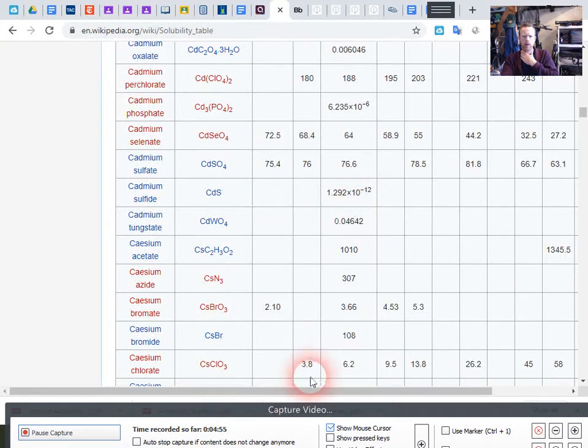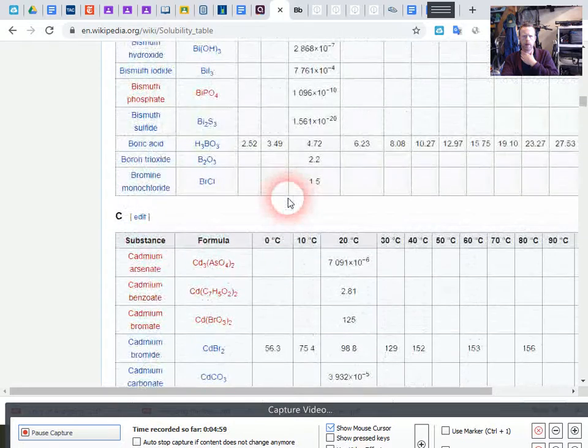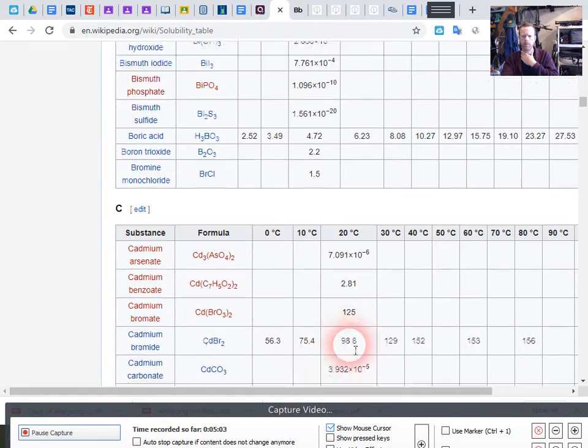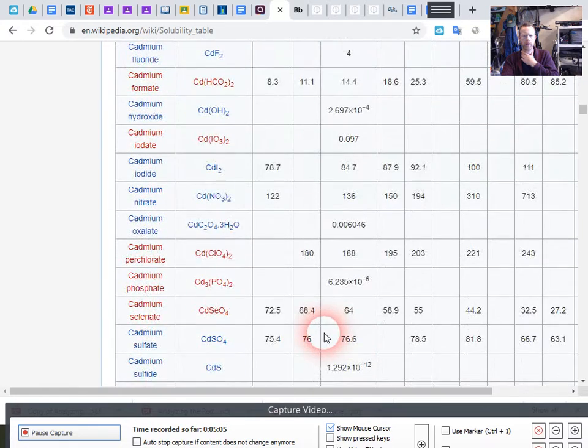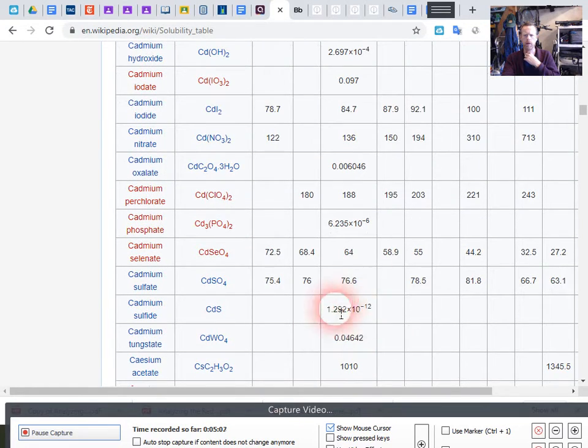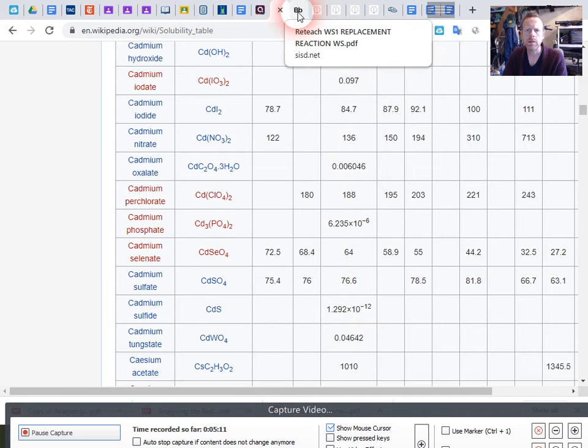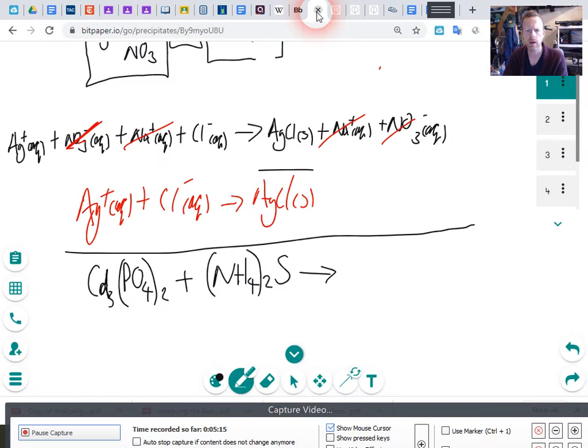So cadmium sulfide is insoluble. This is like how much dissolves at these temperatures. So it goes up, but with cadmium sulfide, it's a tiny amount that dissolves. So basically nothing. I mean, everything kind of dissolves. I'm dissolving into the air around me right now.